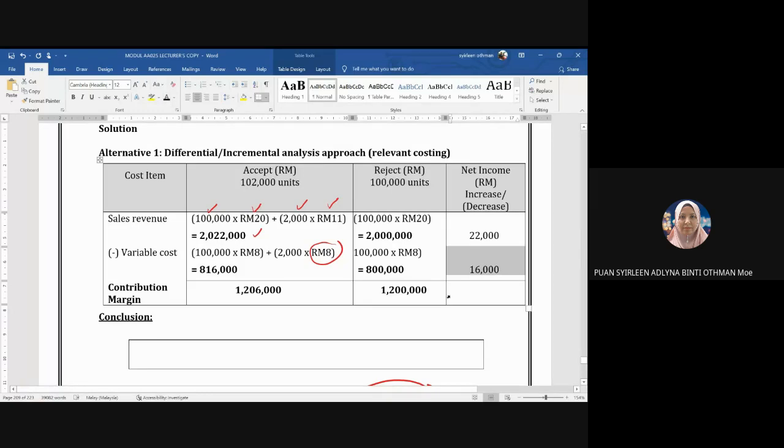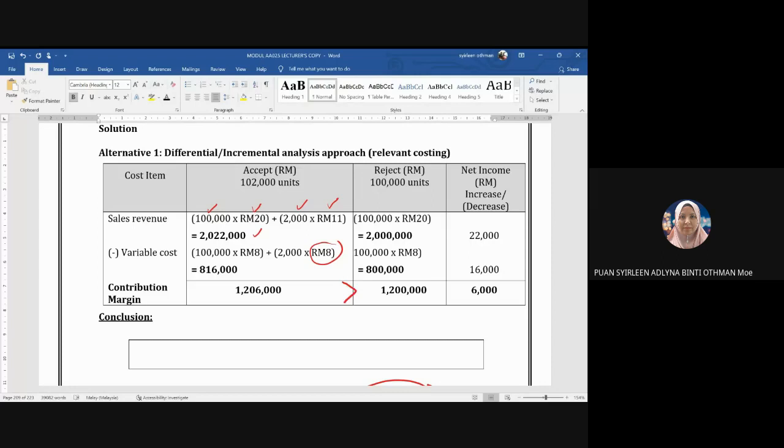So kat sini kamu nampak ada beza antara accept or reject by the amount of 6,000. Okay, alright. Kalau kamu tengok di sini, accept lebih besar daripada reject. Okay, by how much? By 6,000.